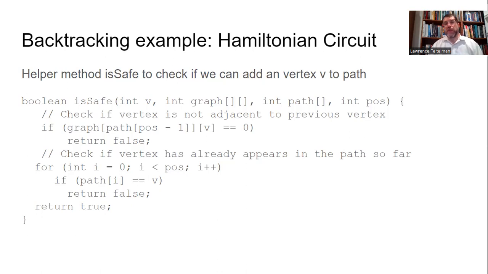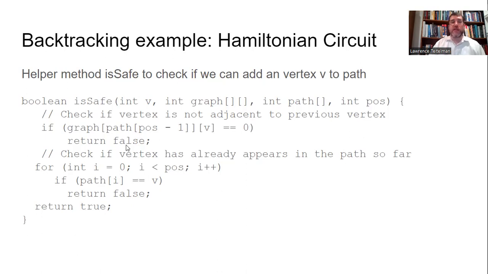So let's work it out from the inside out. On the inside, we're saying, take where I am right now in the path and see, is there an edge from that point to V? If there is no edge, because the adjacency matrix says it's 0, then return false.